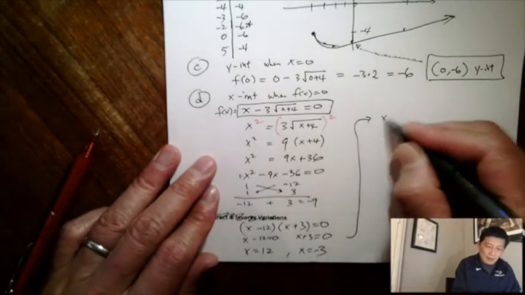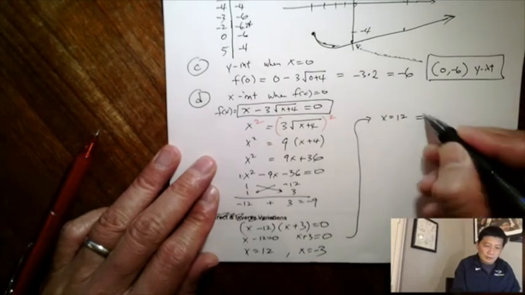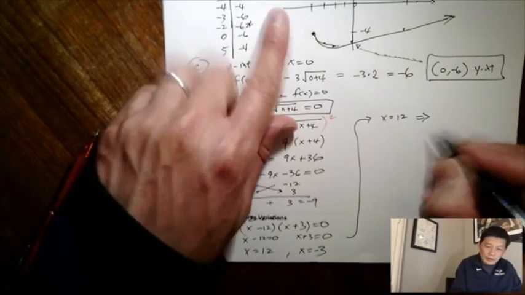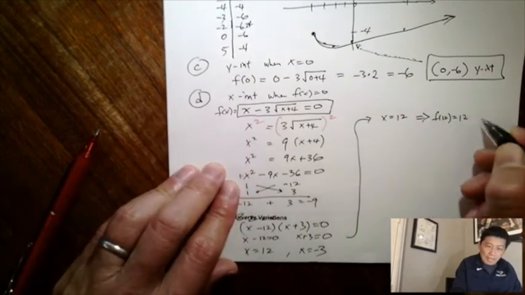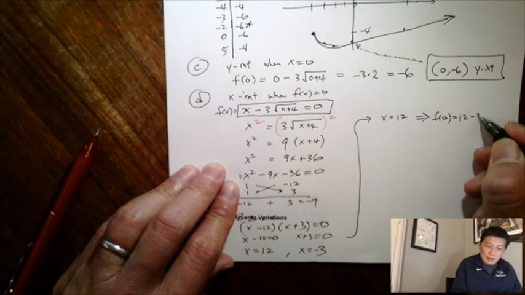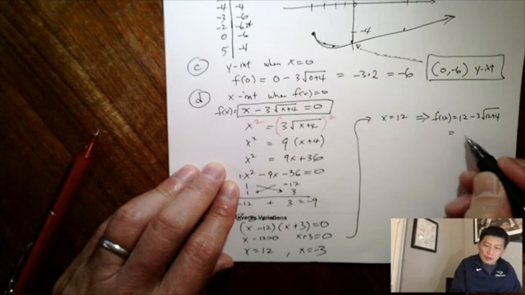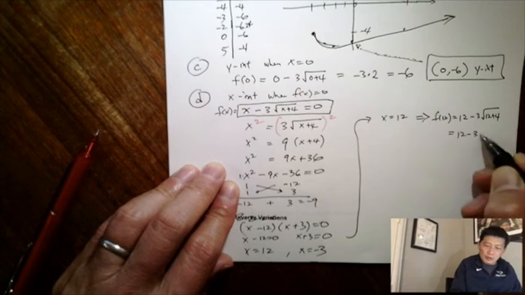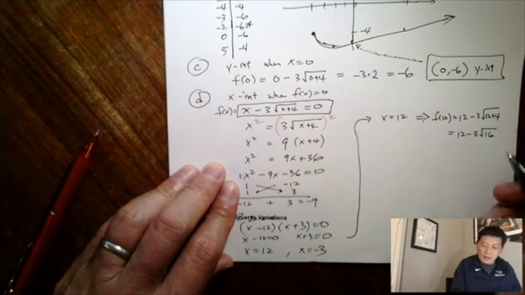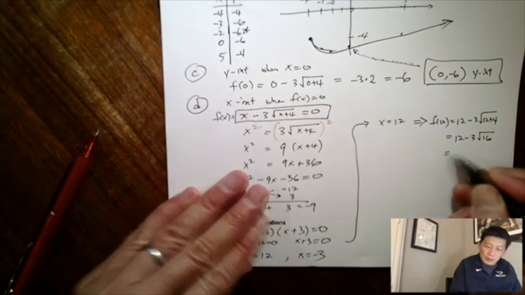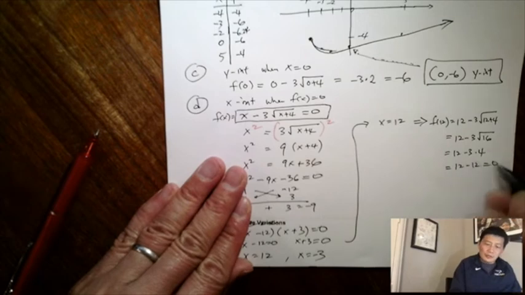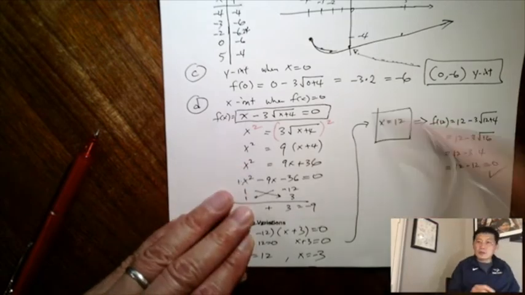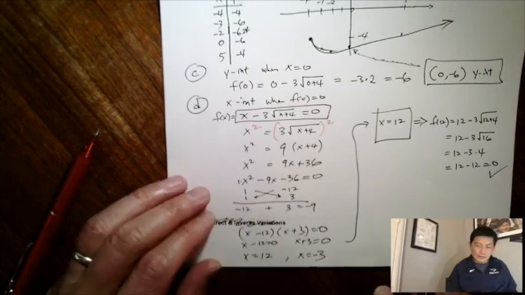So when x is equal to 12, let's put it into f of x. f of 12 is equal to 12 minus 3 times the square root of 12 plus 4, so we end up with 12 minus 3 times square root of 16, which is 12 minus 3 times 4, which is 12 minus 12, equal to 0. Yes, that checked out. So x equal to 12 is the answer.